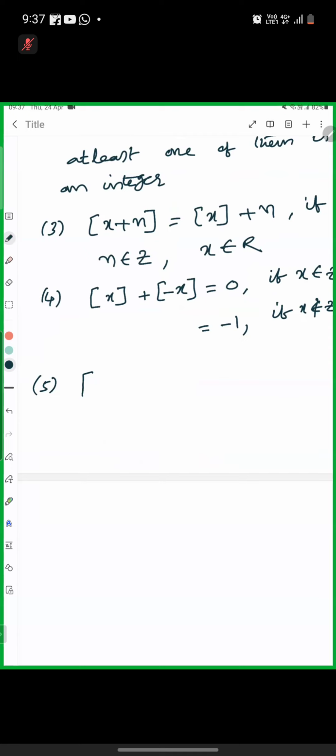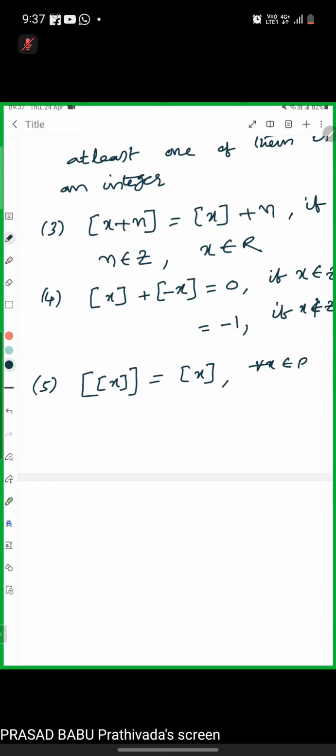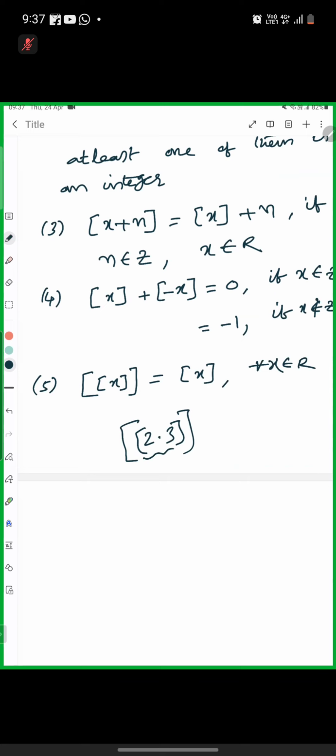What is the integral part of the integral part of x? Suppose x is 2.3. The integral part of 2.3 is 2, and the integral part of 2 is 2.